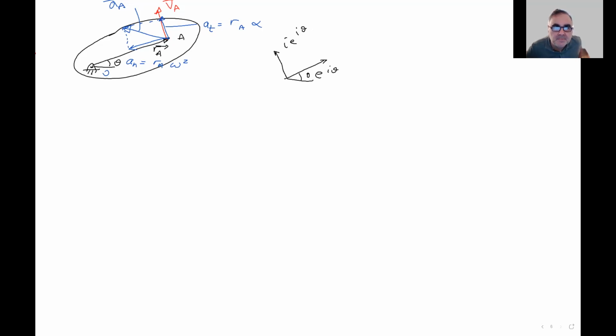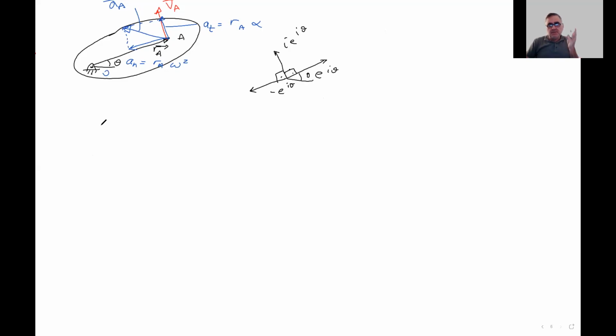And then this is i squared, or minus e to the i theta. The normal component is in the direction of minus e to the i theta, as you see. So acceleration, at least in the case of rotation about a fixed point, has tangential and normal components.